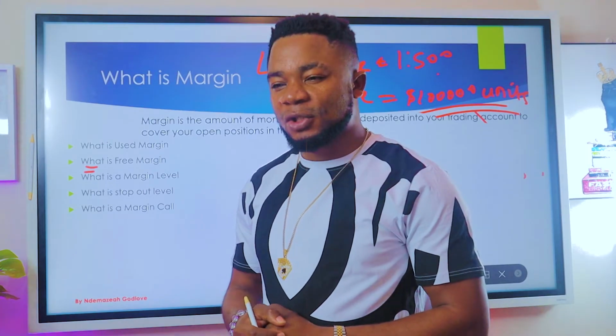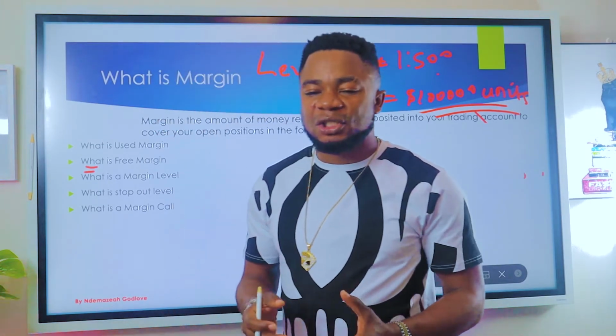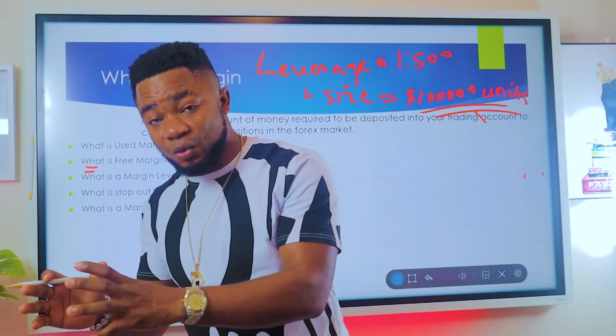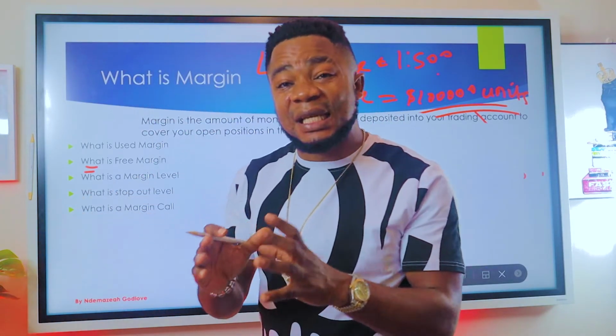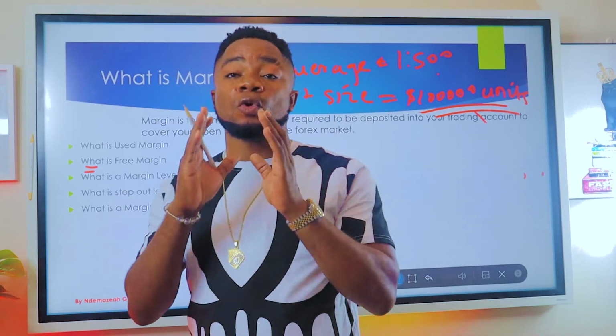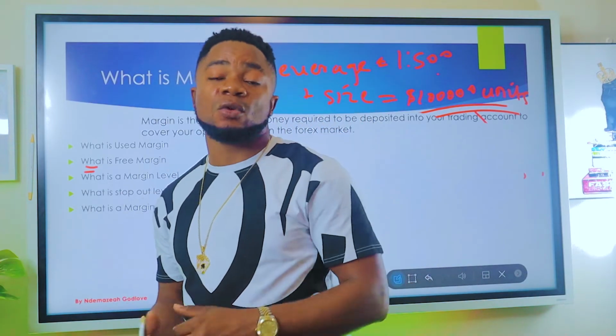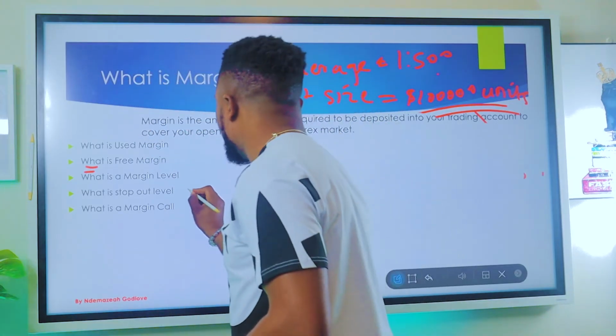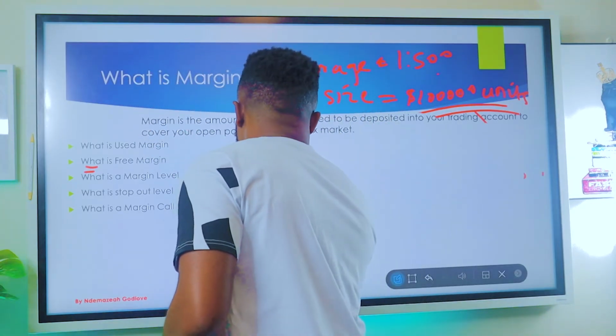You understand? They're just saying if this percentage of your account balance is used and you are still in a loss, then the system should automatically close your trade. That is what is known as the stop out level. For most brokers, the stop out level is equal to 50%.